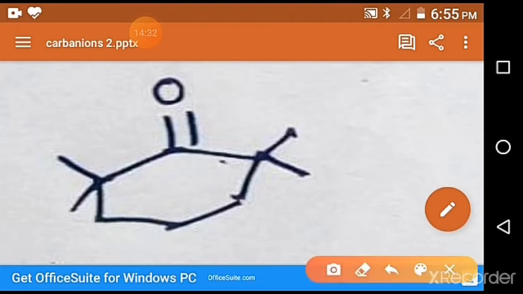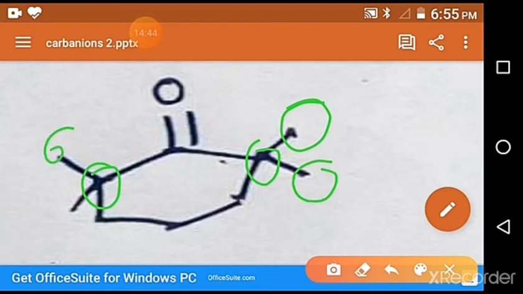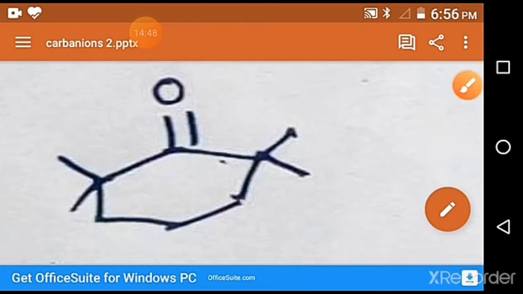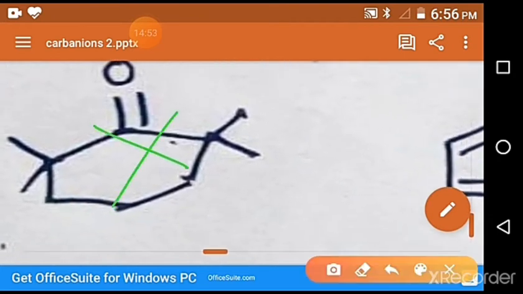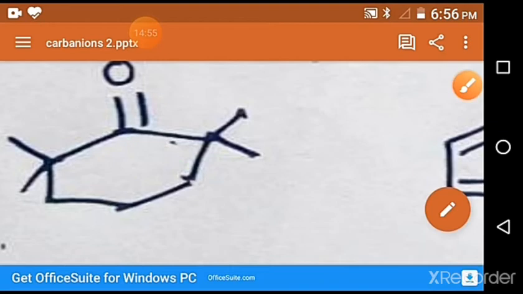So in this case, these 2 carbons are alpha carbons. Why? They are linked to the carbonyl carbon. But there are no hydrogens. This is a methyl group, this is a methyl group. So 4 methyl groups are there, so there are no alpha hydrogens. That's why this compound also doesn't exhibit keto-enol tautomerism.